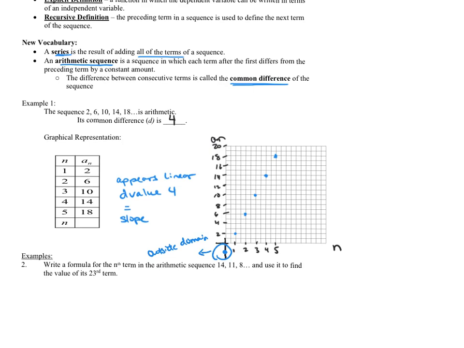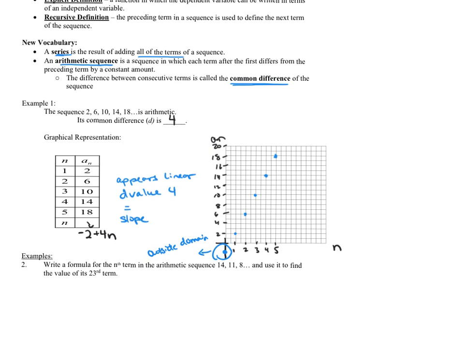So we can still write a general formula for our arithmetic sequence, we just have to be a little creative. If this were a line, we would say that a sub n would be -2 plus 4n. And I'll show you the exact formula in a moment.